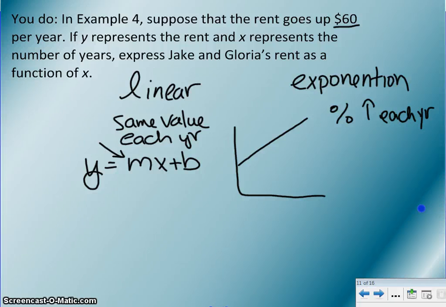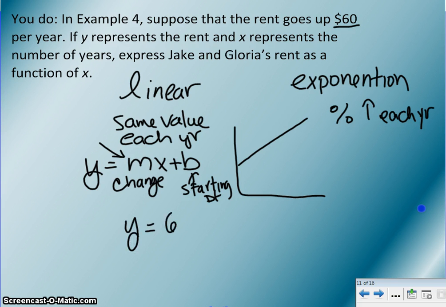The slope is the change. The b is my starting point. So I'm looking at an equation of Y equals the change. Well, the change is going to be $60 each year, starting at the $1,900 in rent that they started out on year 1.